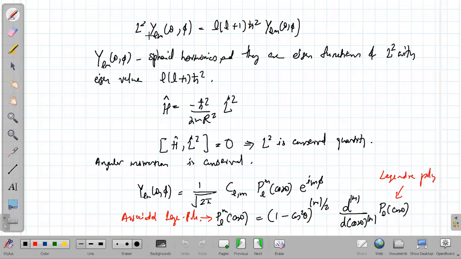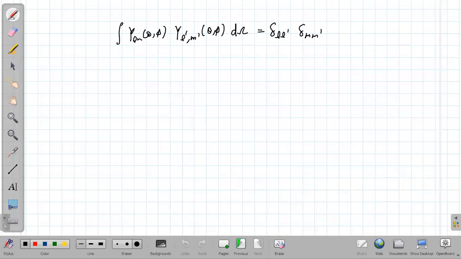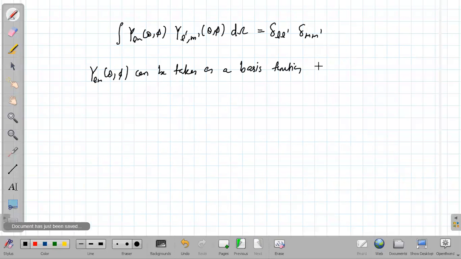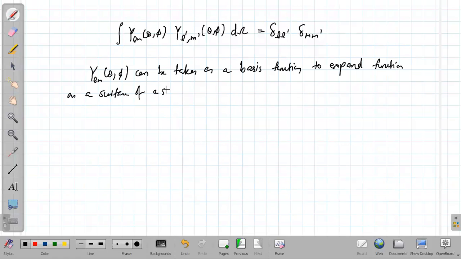Therefore, it is possible to write any function on the surface of a sphere using this Y_lm(theta, phi). That means Y_lm(theta, phi) can be taken as a basis function to expand functions on the surface of a sphere.